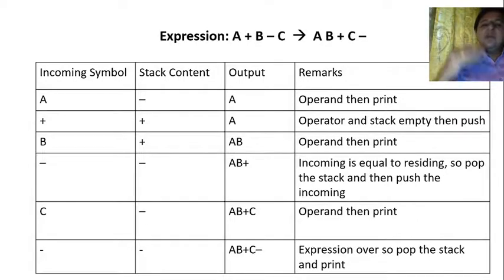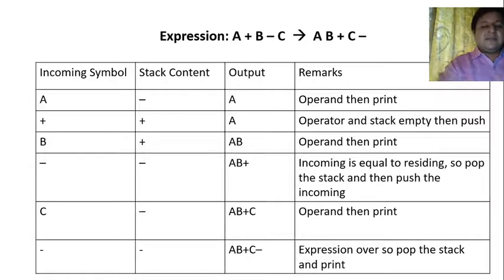So we're straight away going with one more expression, A plus B minus C. Now obviously both of them are equal, but because from left to right plus is coming before minus, it is AB plus C minus. So A, operand, so print, plus, then obviously you have an empty stack, so plus will be pushed onto the stack. Then B, obviously operand, so print, so AB is the current output.